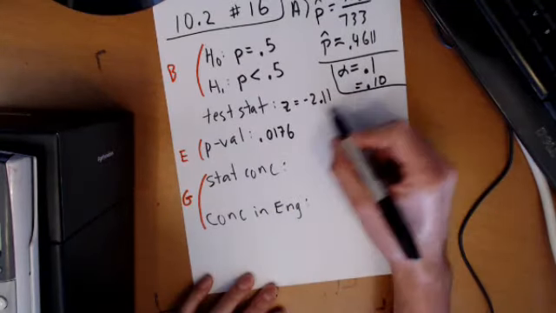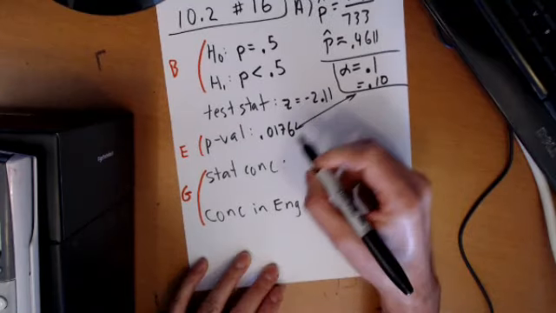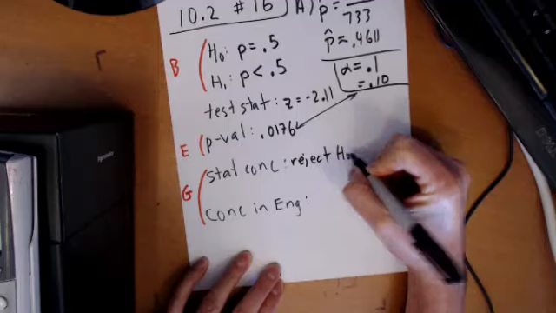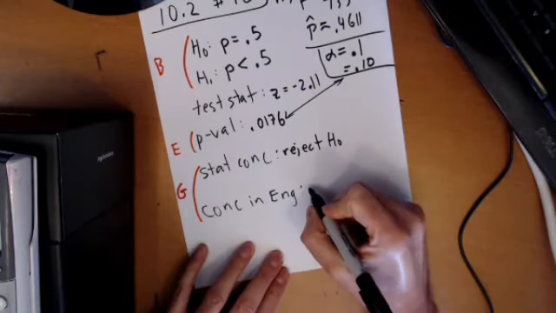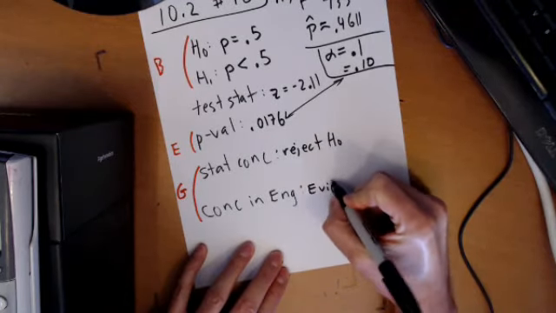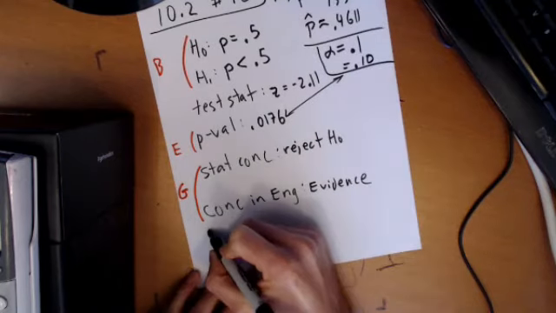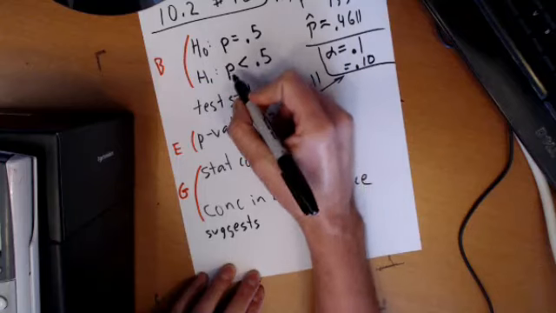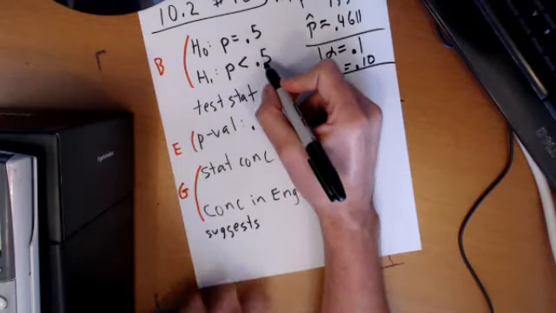So if your p-value is less than your alpha, you would reject H0. And if you reject H0, then that means evidence suggests the HA. The proportion is less than 0.5.